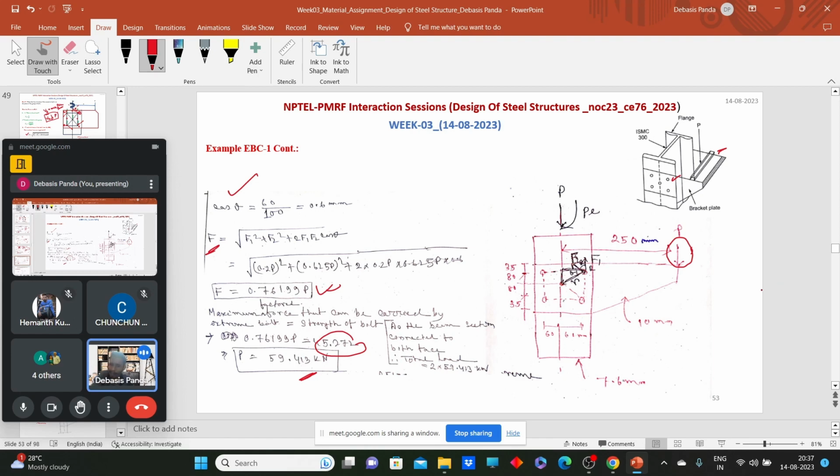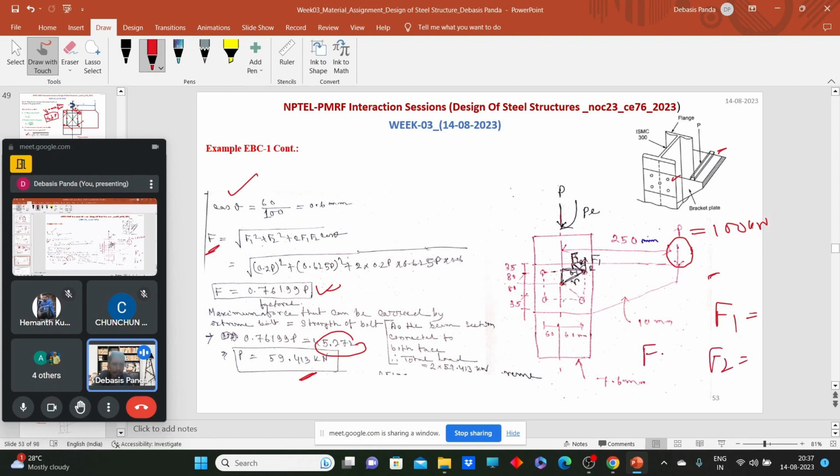Now if, for example, this kind of joint is provided where P is also given, say P equals 100 kilonewton, tell me, is the joint safe or not? What will you do? You first calculate the F1 force due to P, and the F2 force due to the moment PE.